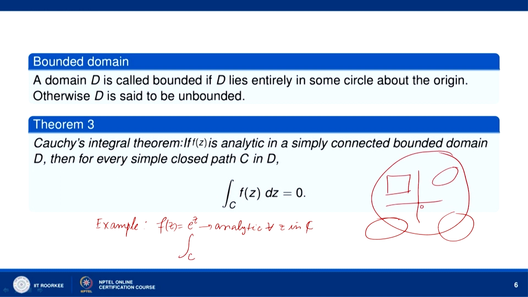So, the integral over C of e to the power z dz equals 0, where C is any simple closed path in D. D means the whole complex plane, that is the whole z plane.